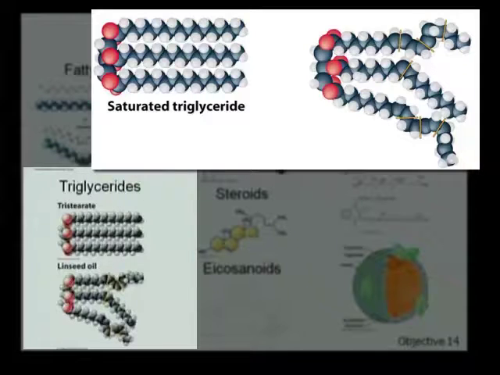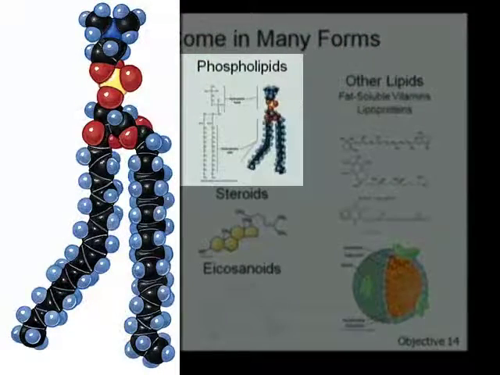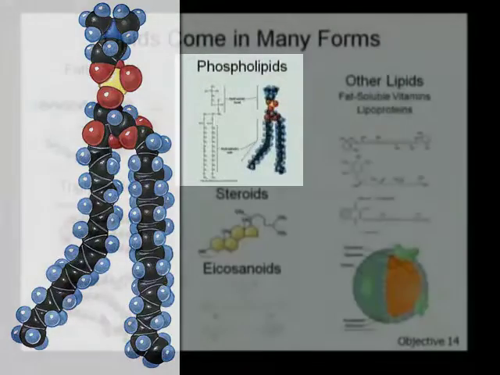So they're called triglycerides because they have 3 fatty acid tails. And so we can see the 3 hydrophobic, nonpolar fatty acid tails on this triglyceride molecule. We can have phospholipids. So these have a phosphate-containing group on their polar end, and they still have 2 nonpolar tails.